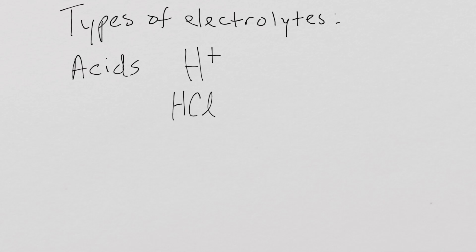But in a beaker full of hydrochloric acid, you have a lot of hydrogen ions. You've got a lot of H's. Whenever a molecule has a lot of H's, we say that it is an acid. And the H's usually appear at the front of the actual chemical formula.